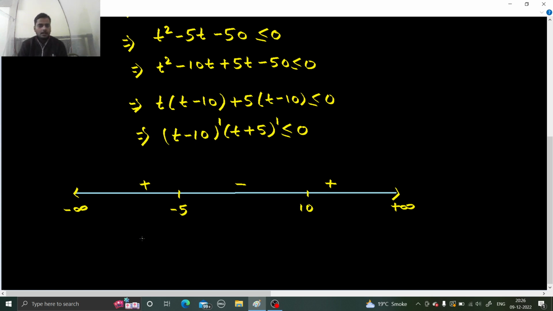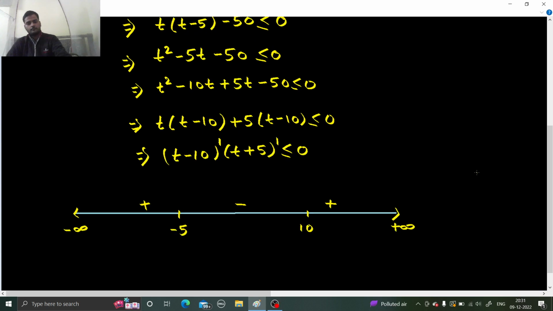You can also put values greater than 10 and find that this is greater than 0, and so on. You can do that also. Now we can move ahead and write our answer.